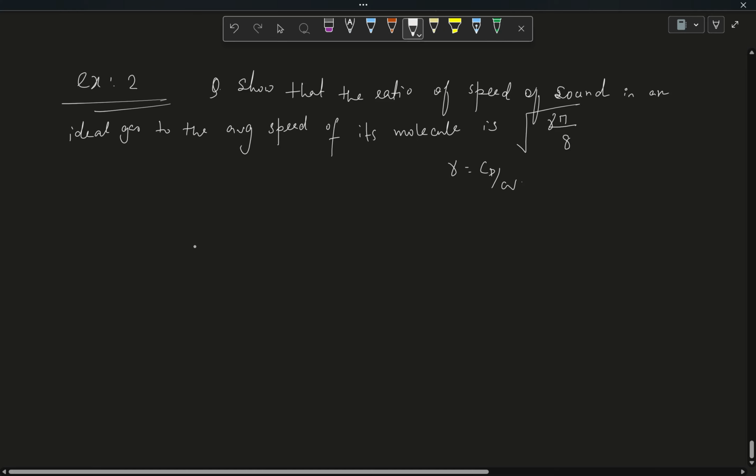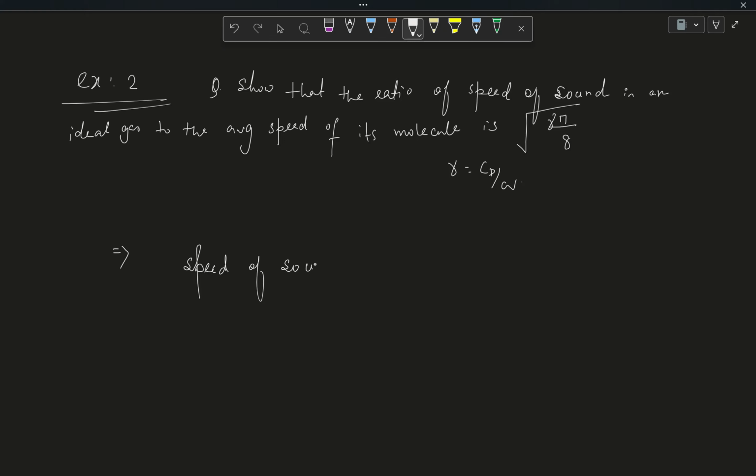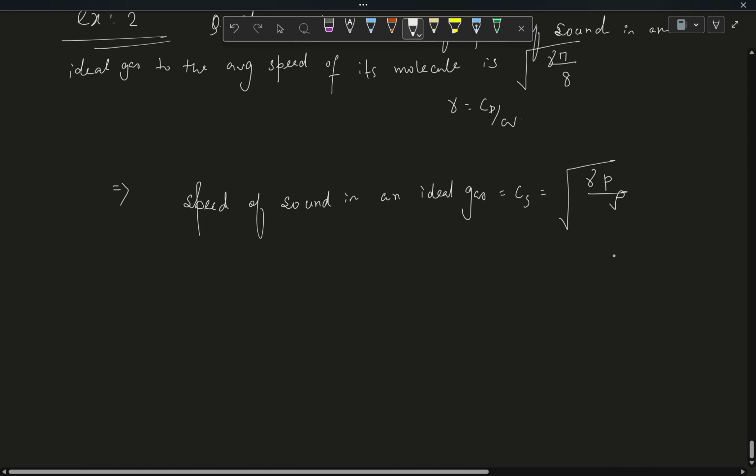So first of all, you know what the speed of sound in an ideal gas is. That has a particular formula, so we will use that. Speed of sound in an ideal gas medium is Cs equal to root over of gamma P by rho, where gamma is the specific heat ratio, P is the pressure, and rho is the mass density.